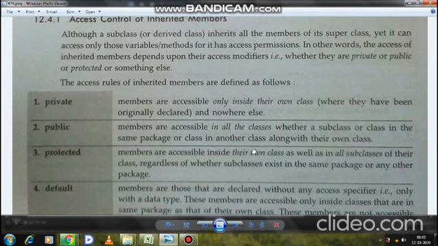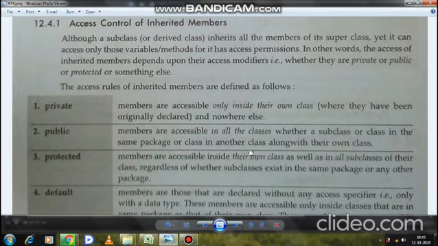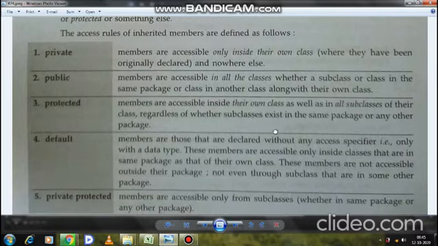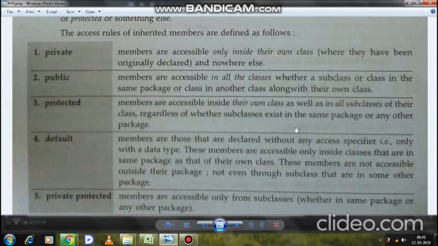As I told you, access control means who can access your variables. Who means which class. So we have these access specifiers. First of all, see the private part.